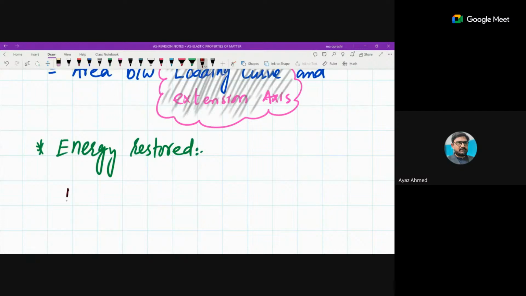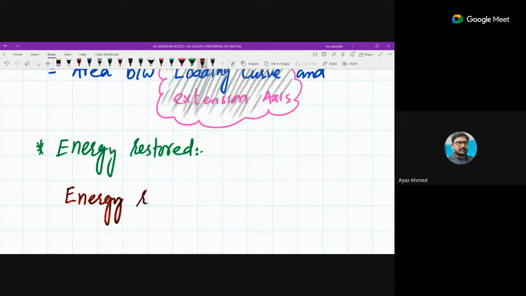Okay, are you getting my point? So, for example, when you are compressing a spring and you are going to release it, that spring will give you some sort of energy, right? That energy will be used in terms of kinetic and everything.